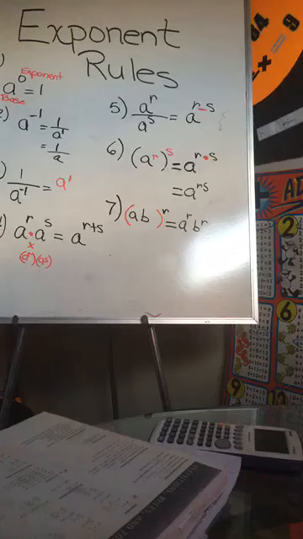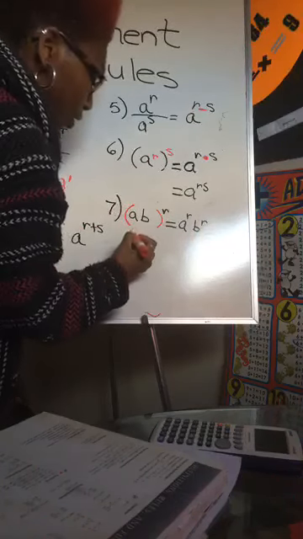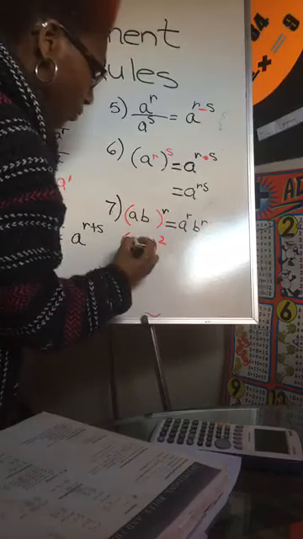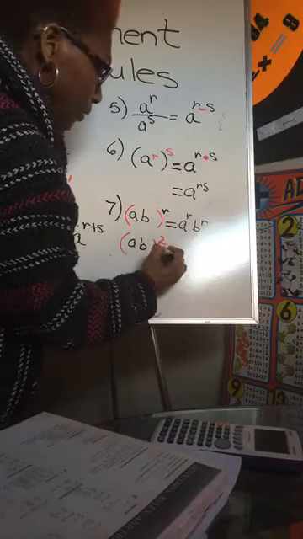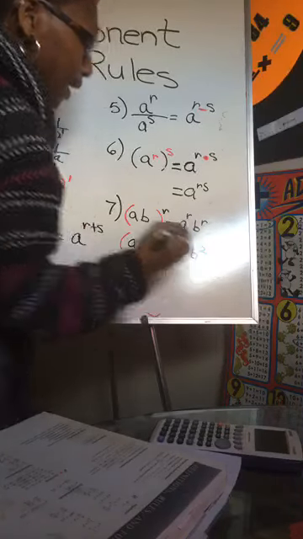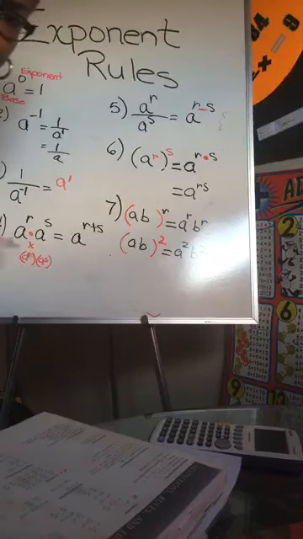All right? So let's use a number. I just want to show you several ways. Let's use 2. So if we have A and B, this will be A raised to the 2nd power, B raised to the 2nd power. Okay? Now let's just put in numbers.